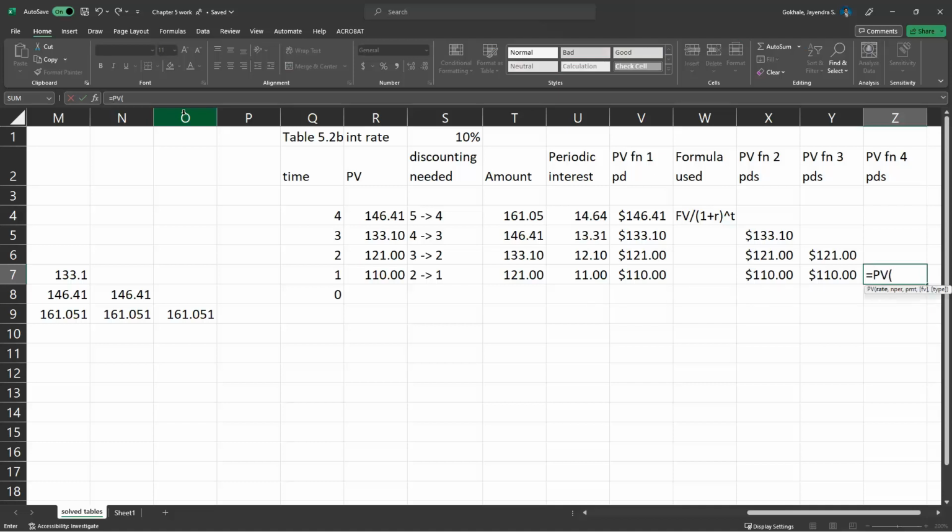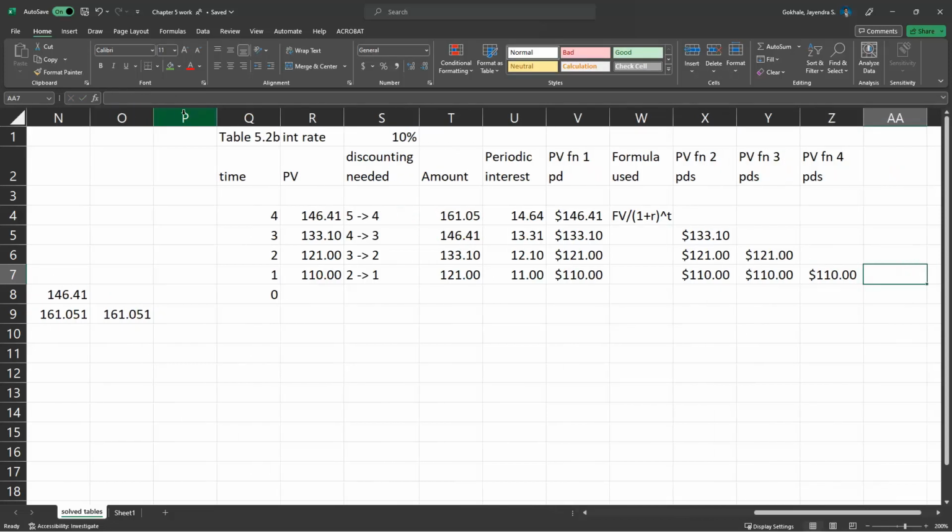PV $S$1, number of periods will be 4, payment will be 0, minus T5, and type 0. Let's just check. It's just working out perfectly.